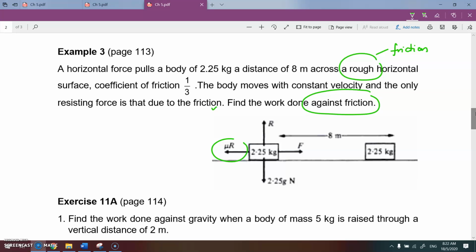The concept is still the same, where work is equal to F times distance.